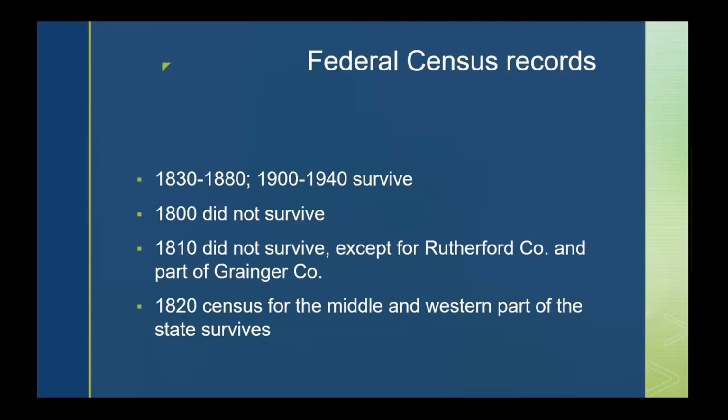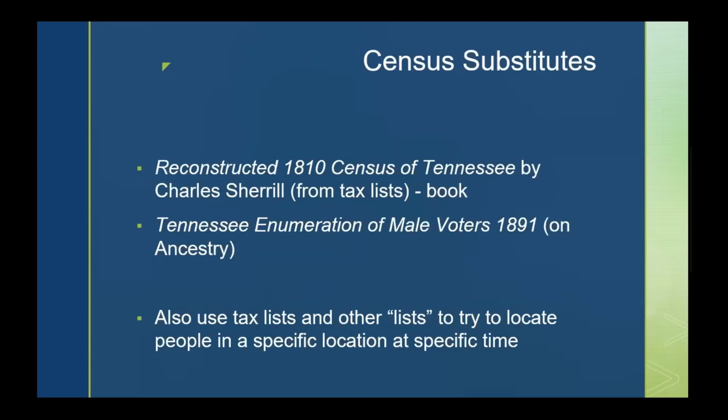So again, you're going to have to look at census substitutes for the time periods where there were census losses. There is a book. This is a print book. As far as I know, it's not online. It's called Reconstructed 1810 Census of Tennessee by Charles Sherrill. There's also a Tennessee enumeration of male voters, which took place in 1891.